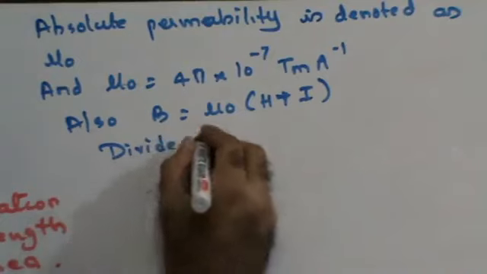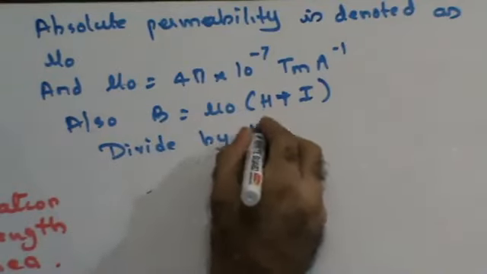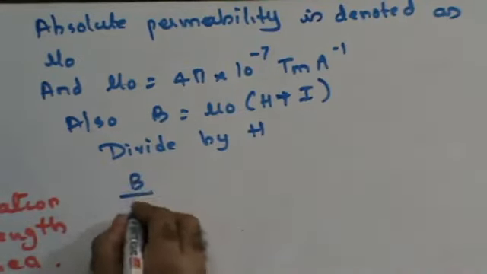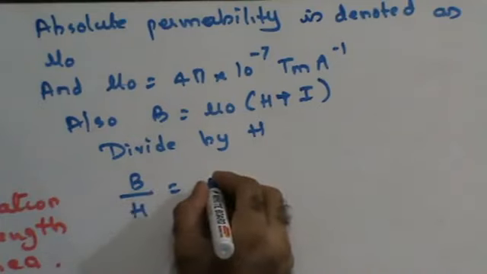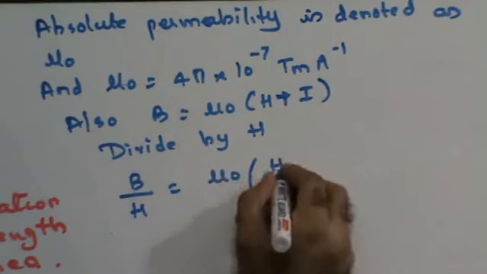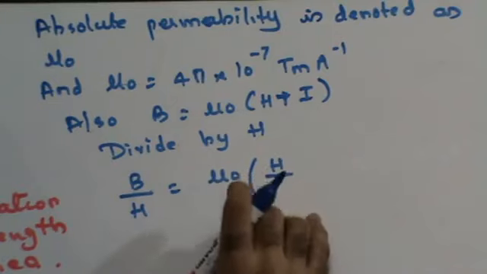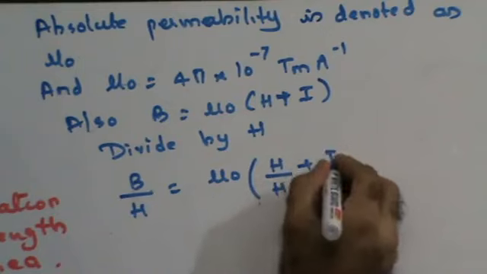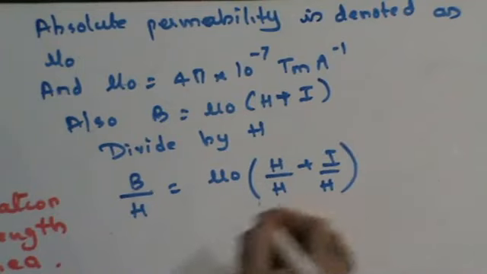Divide this equation by H. So I'll get B upon H is equal to mu 0 H upon H plus I upon H. I'm dividing both sides.